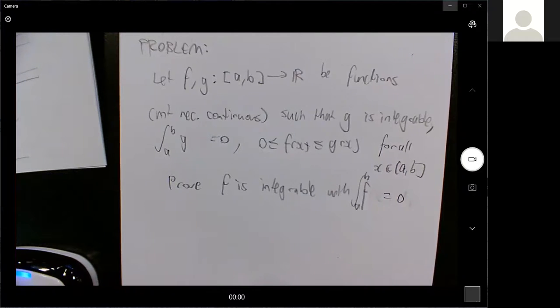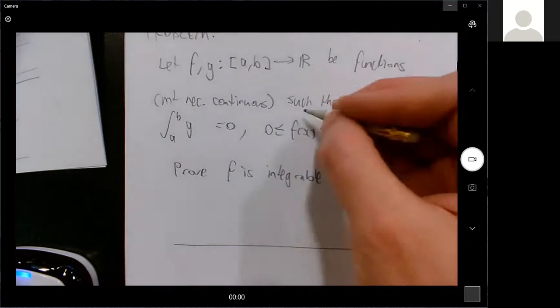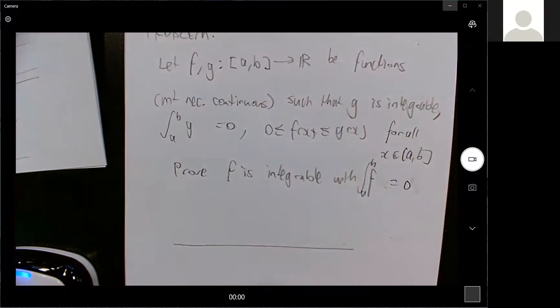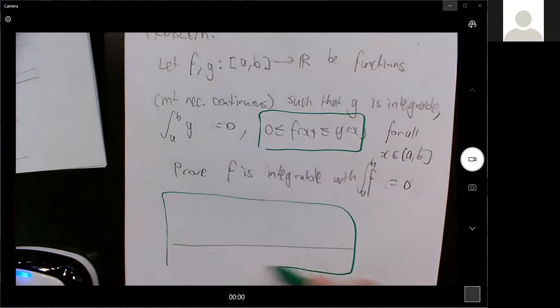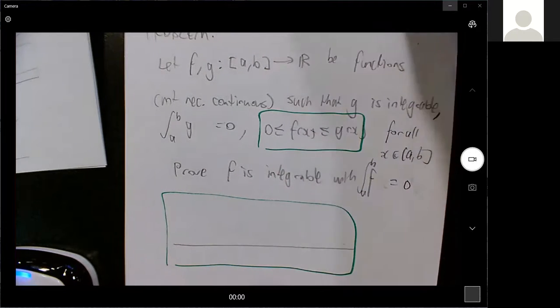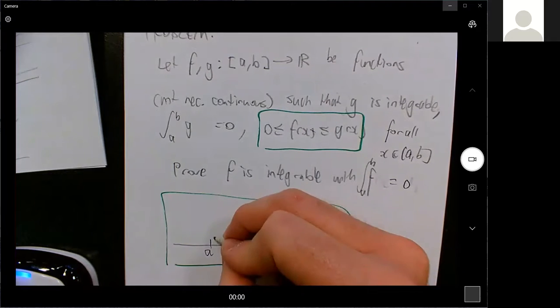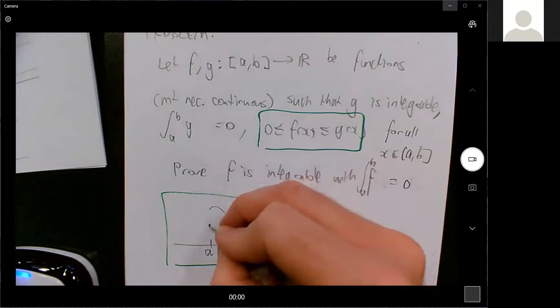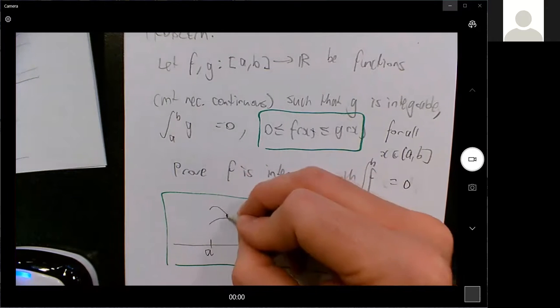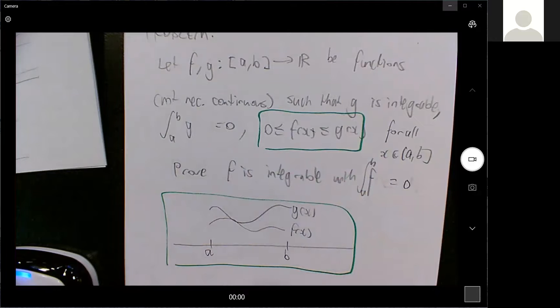So, this information here says to me this information here. There's A and there's B, and G is positive and F is always below G. Something like that.